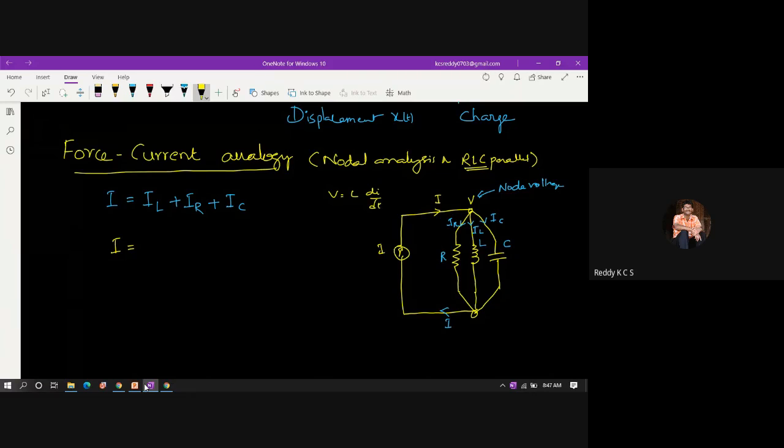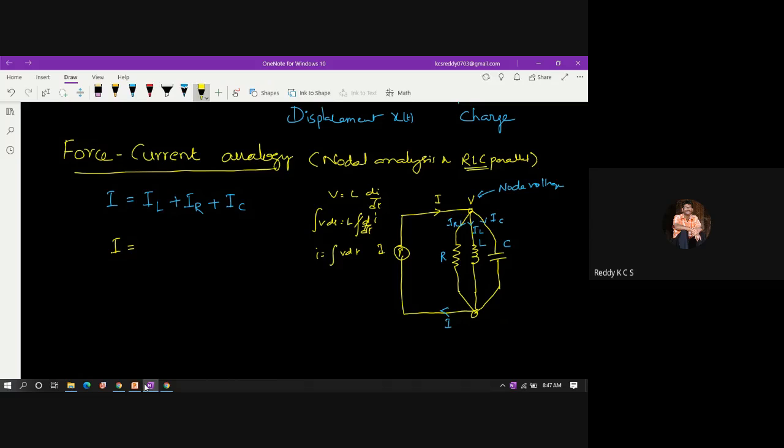Applying the integral on both sides, integral of V dt is equal to L, a constant, times the integral of d by dt of I. The integral and d by dt cancel, so I is equal to 1 by L times the integral of V dt.